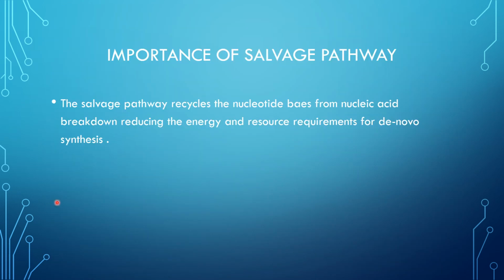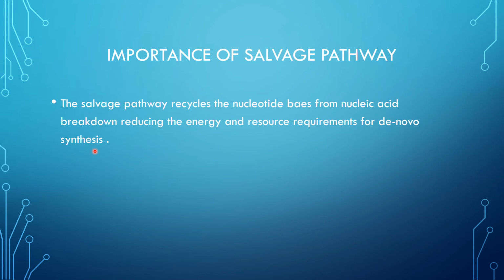Here we see the importance of the salvage pathway. The salvage pathway recycles the nucleosides and nucleotide bases that are formed during nucleic acid breakdown. This pathway reduces the energy and resource requirements for de novo synthesis.